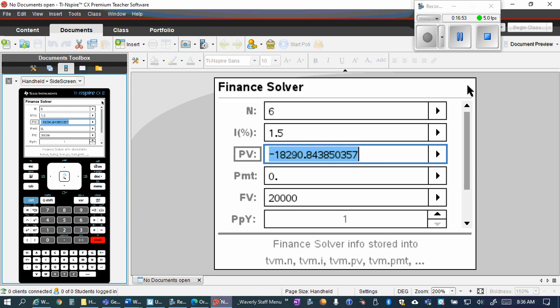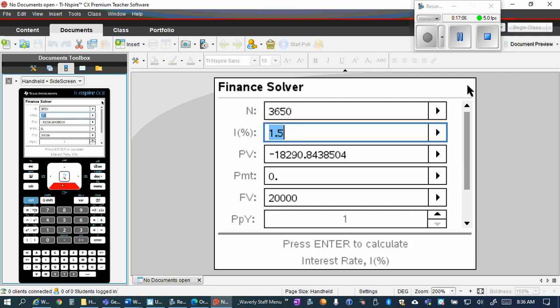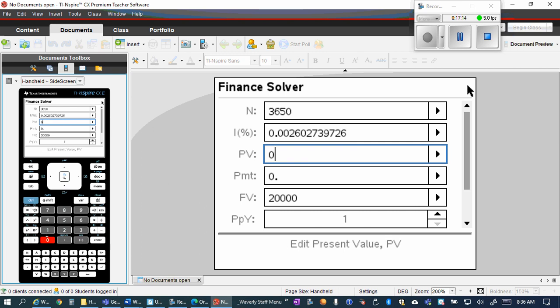So I'm going to do 365 times 10, and then 0.95 divided by 365. I'm going to just put a 0 in there for now. Nothing there. We want 100,000, right?